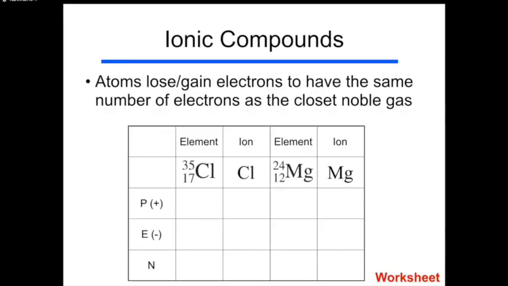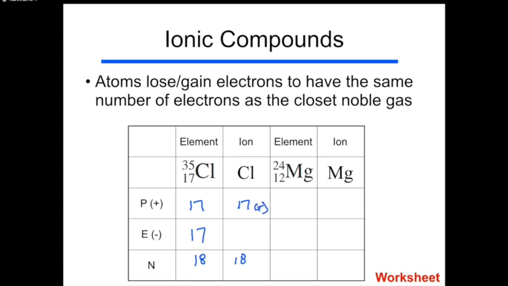If I take a look at the next element as an example, I can take a look at chlorine. Chlorine has 17 protons in the elemental form, not reacted, no charge, 17 electrons, and 18 neutrons. I do not change the protons, I do not change the neutrons. I have positive.